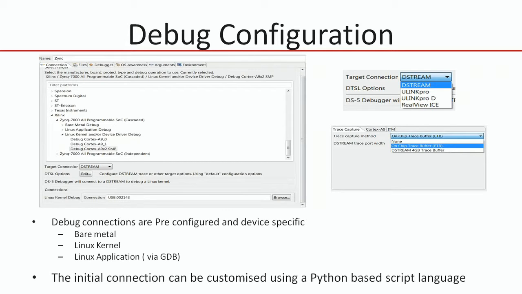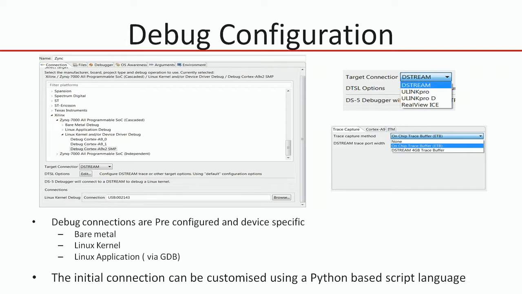We can do straightforward bare metal debug, Linux application debug, or Linux kernel and device driver debug as well. Selectively we can connect to individual cores within the device, or if we're running a symmetrical multiprocessing operating system such as Linux, then we can connect directly to that and configure and debug on multiple cores.